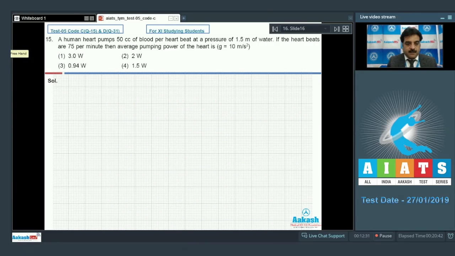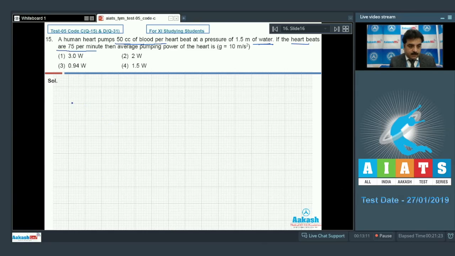In question number 15, a human heart pumps 50 cc of blood per heartbeat at a pressure of 1.5 meter of water. If the heartbeats are 75 per minute, then the average pumping power of the heart is... You can solve this question by using the simple formula of power, but we'll see.